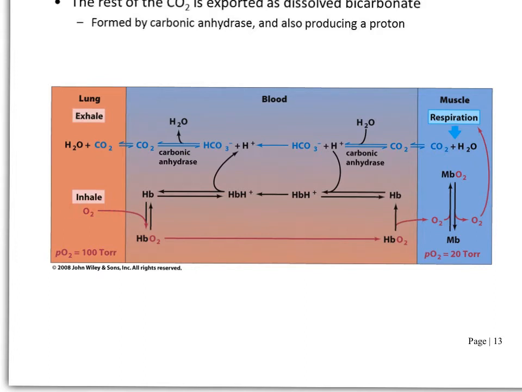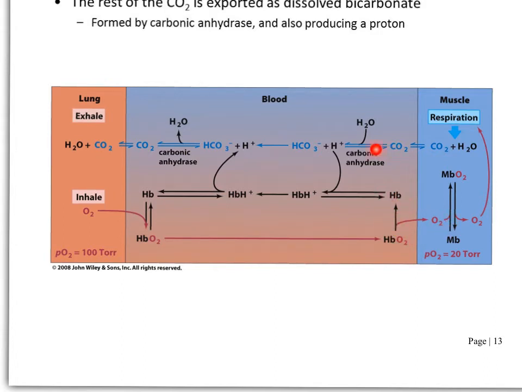You breathe in oxygen. The hemoglobin in the T state picks up oxygen, becomes transferred to the R state, moves through the blood, and reaches places where the pH is lower because you're farther away and in respirating muscle. So the pH is lower, so it dumps the oxygen where the T state is stabilized.